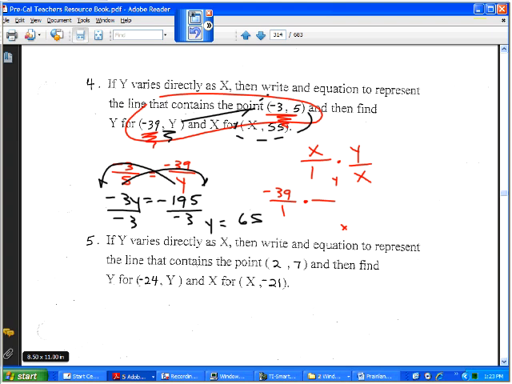So I take my first point. I'm going to lose the x and gain the y, and get the same answer. Now, I use scale factor to do that. The scale factor is the constant of proportionality. It was your slope. So you see how that stuff ties together?